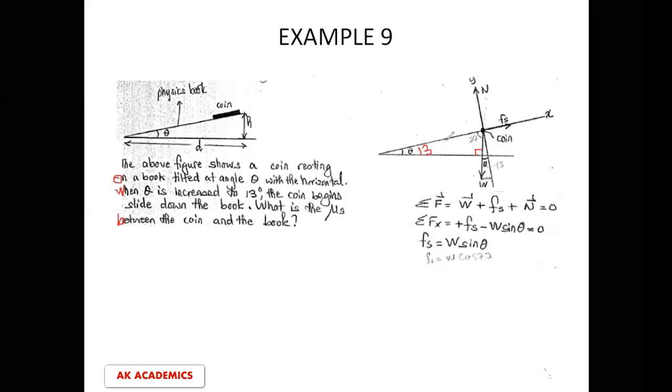So the horizontal component is going to be on the negative axis. This is the angle we are dealing with, so it's just going to be W cos 77. If you use sine, it's going to be sine 13. If you rearrange, taking minus W sine theta to the opposite side, it becomes Fs equal to W sine theta.